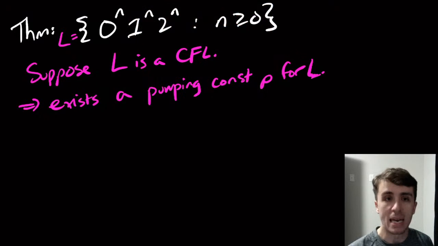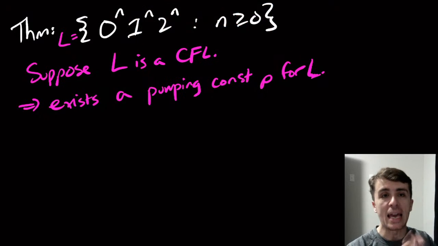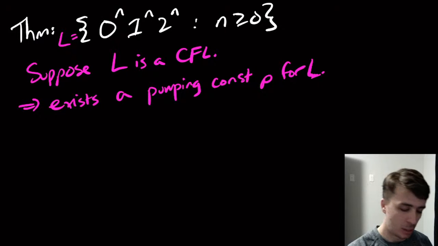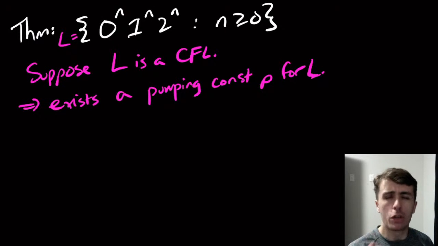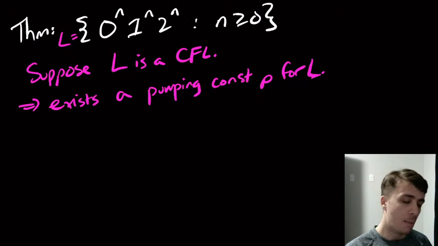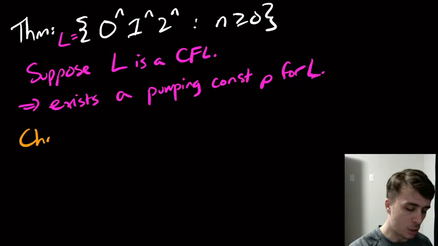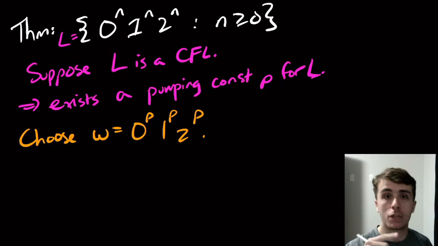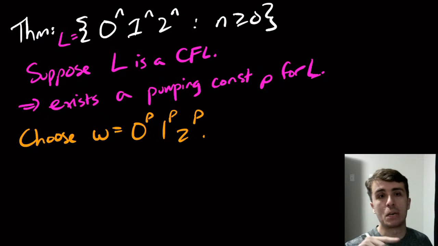Well, now we gotta pick a string that's in the language and at least P characters. I go over the reasons why to not pick other strings in the video that's coming out tomorrow, but I'm just going to tell you that you should choose w to be 0 to the P, 1 to the P, 2 to the P. So watch the video tomorrow if you want to see why you shouldn't pick some other string for this.